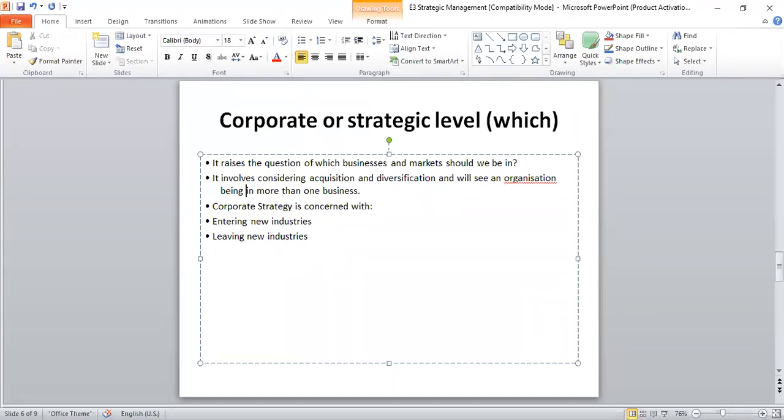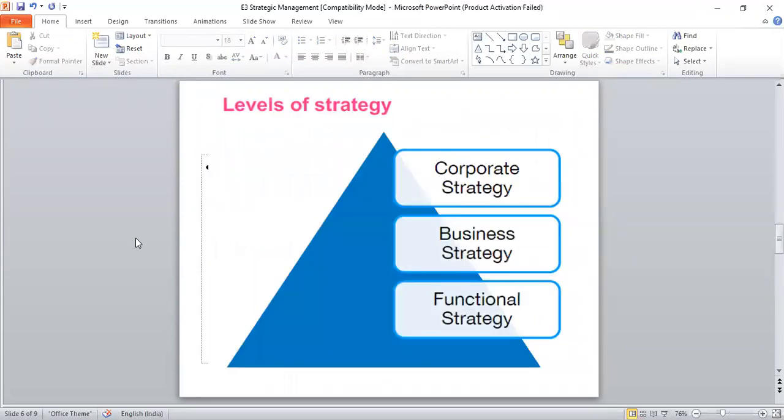Now, when we see that it is at the top level, at the pinnacle, if they are talking about the corporate strategy, it's about the planning which is taken up for the entire organization. It is not focusing on one aspect of it, it is focusing on the entire organization. As a whole, what is the planning which will be taken up?